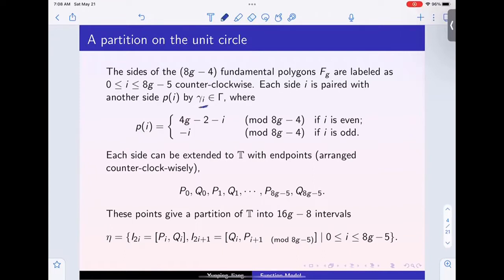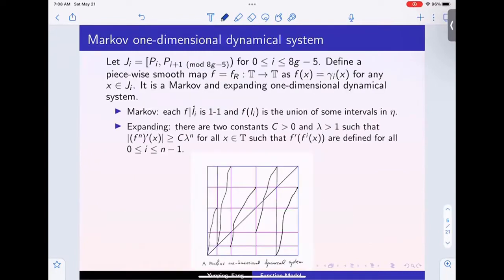Gamma_i pairs I_i and P_i, right? So now you take the interval J_i, which is P_i to P_i+1, for i from 0 to 8g minus 5.